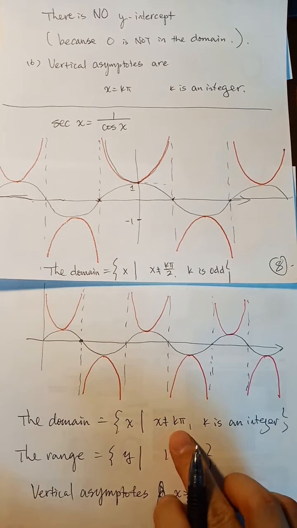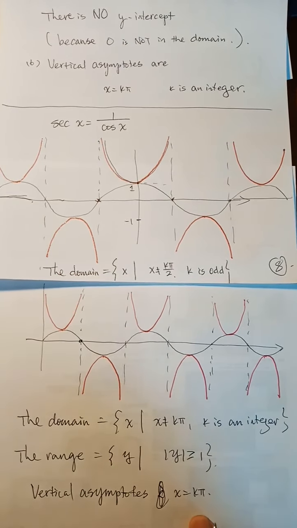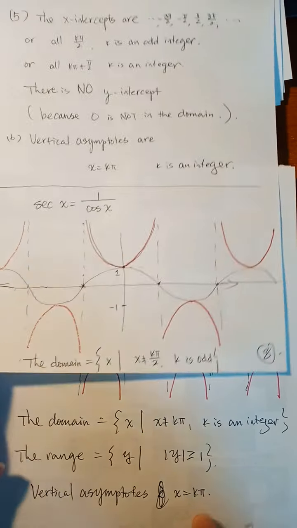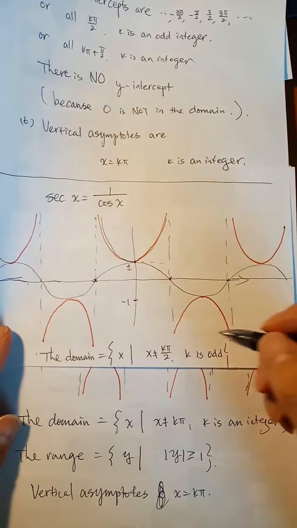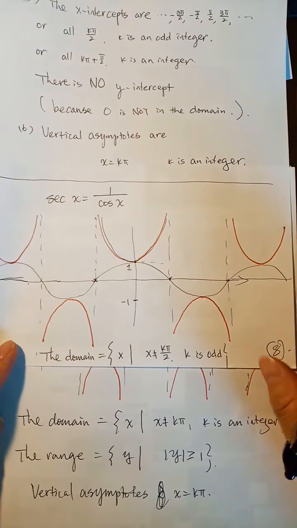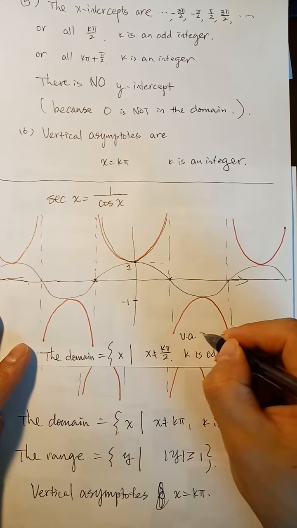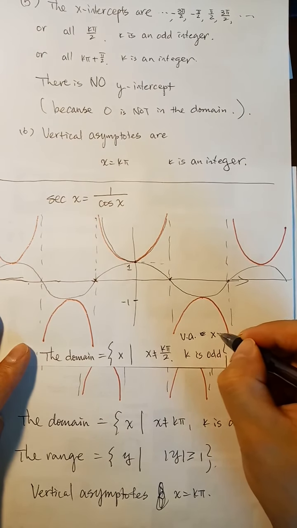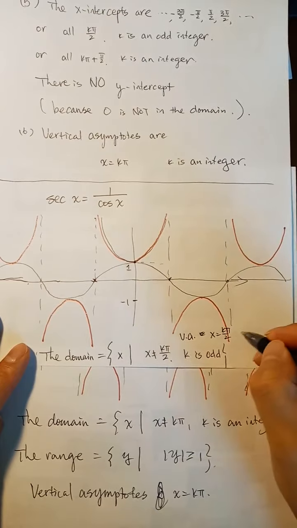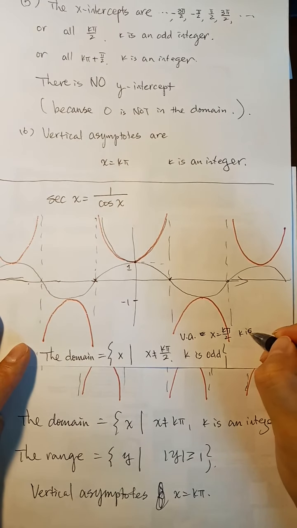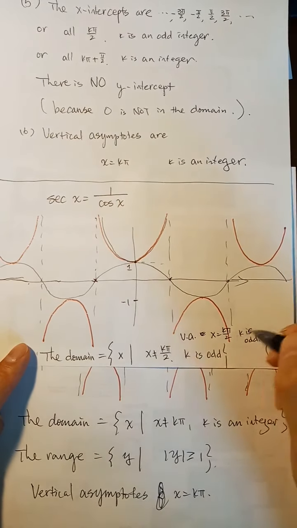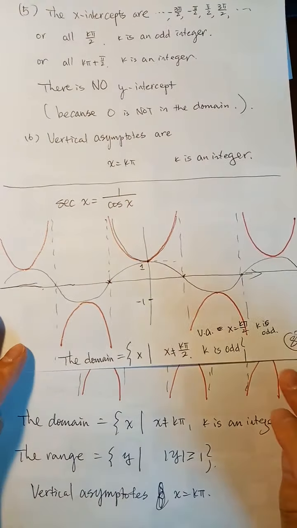Okay, so whenever the point is not in the domain, they give you the vertical asymptote. Here, the vertical asymptotes, let me write it here also. Vertical asymptotes are x equal to k pi over 2, k is odd. Okay, so this is the vertical asymptote for the secant. This is the vertical asymptote for the cosecant.